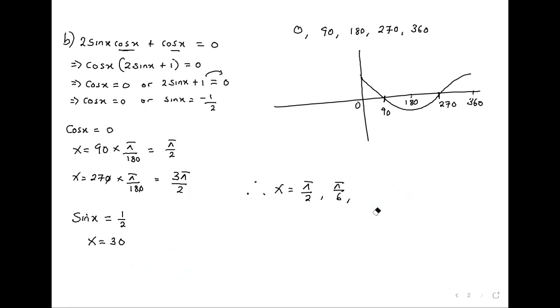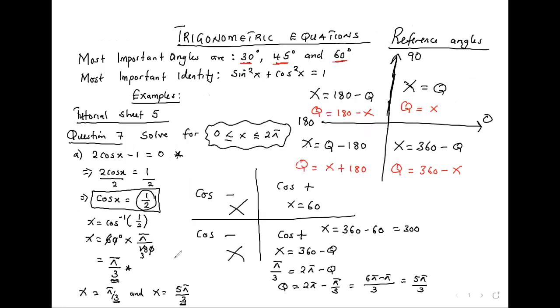So since sine is negative, we can first use the positive one to get 30. And then we start looking at where sine is negative, in the third and fourth quadrant. So in the third quadrant, we have the angle 180 plus 30, which is 210, since we said we add here.